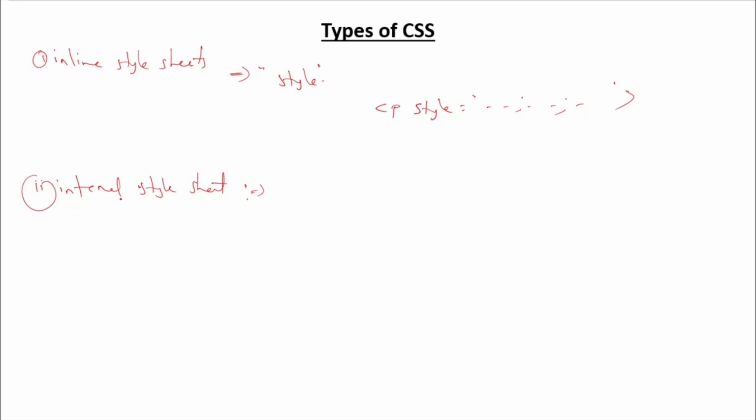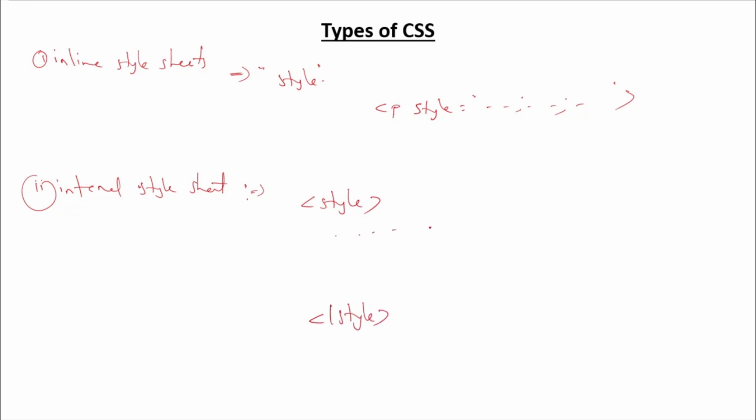That is possible, right? Inline is for one element, with a number of properties and values. But with the internal style sheet, we can attach multiple properties and multiple values to multiple elements. So just observe, with the help of the style tag we achieve this.